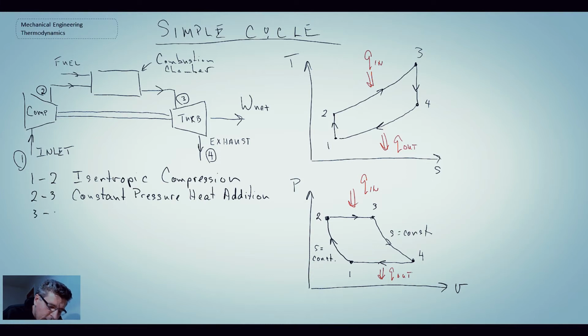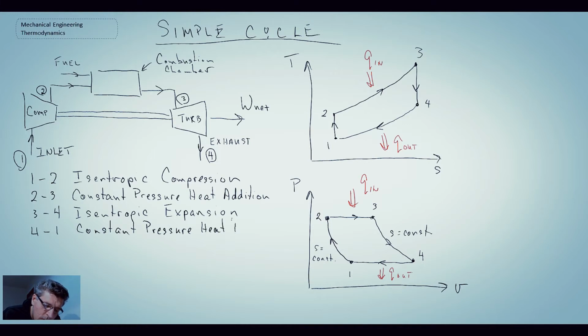Then 3 to 4, we have isentropic expansion. And then finally 4 through 1, that's where we are doing heat rejection, and we will consider that to be constant pressure heat rejection. So that is the simple Brayton cycle.